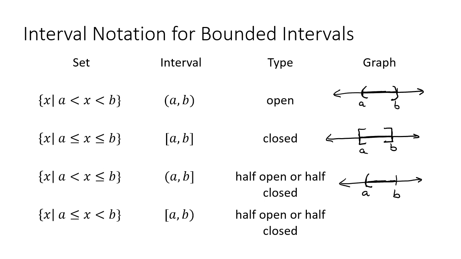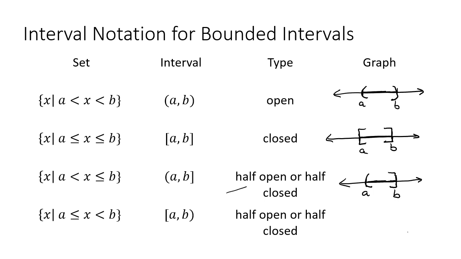The or equal to symbol is paired with b, so b is part of the solution, square bracket with it. So parentheses for a, bracket for b. This is now called a half open interval or a half closed interval. Either one works.